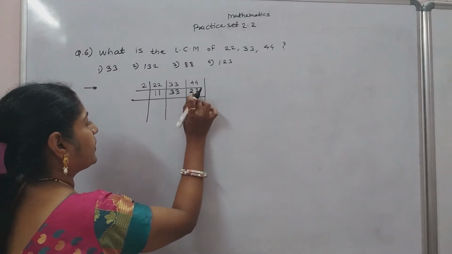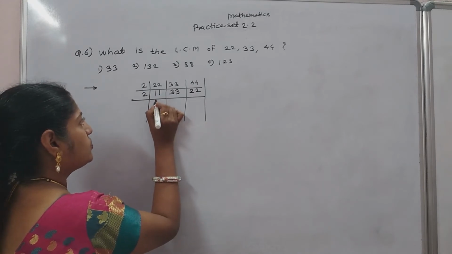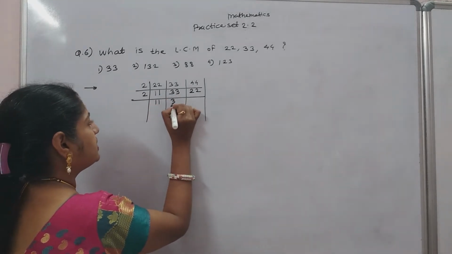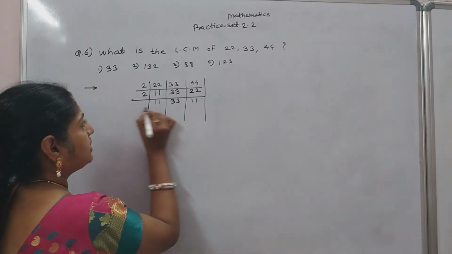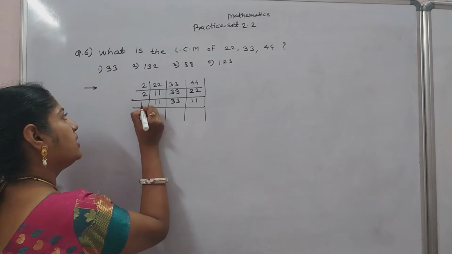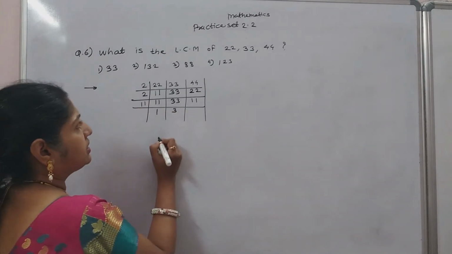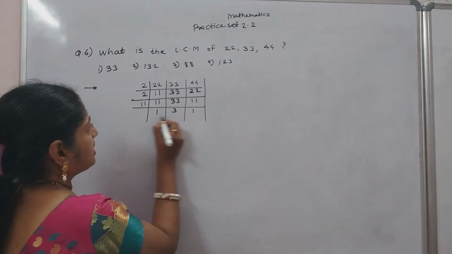Now again 22 is divided by 2. It is not divisible by 2, so I write 11 as it is, 33 as it is, and here is the 11. Now 3 numbers are divided by 11: 11 1s are 11, 11 3s are 33, 11 1s are 11.